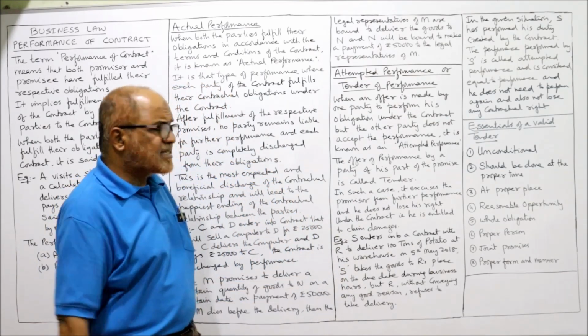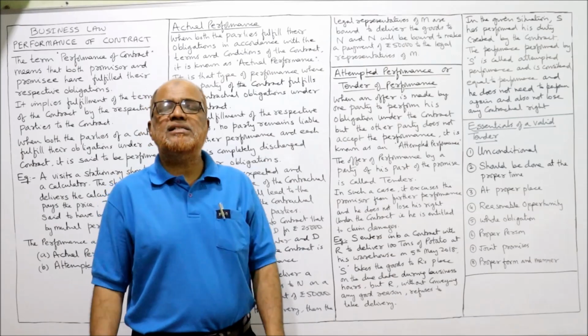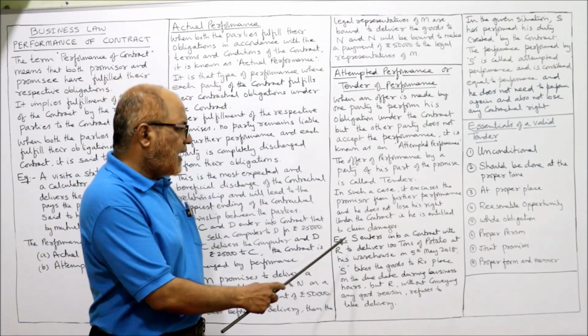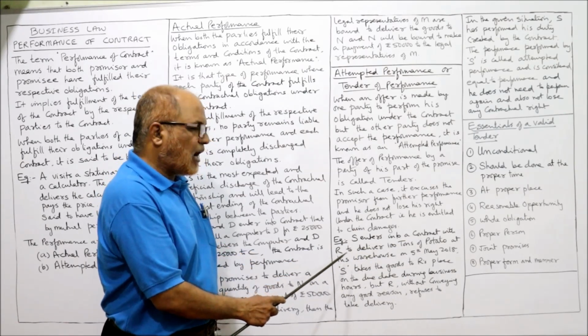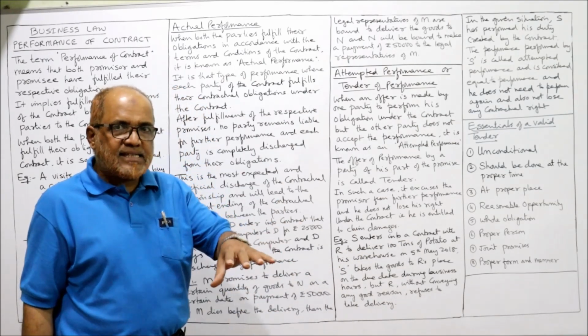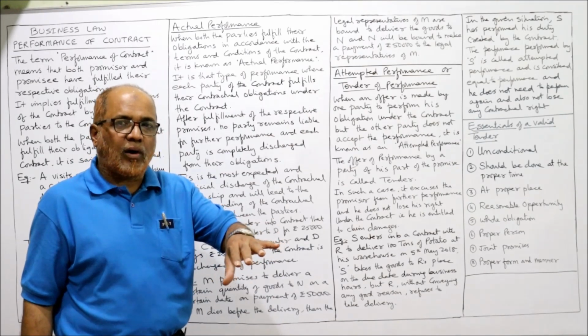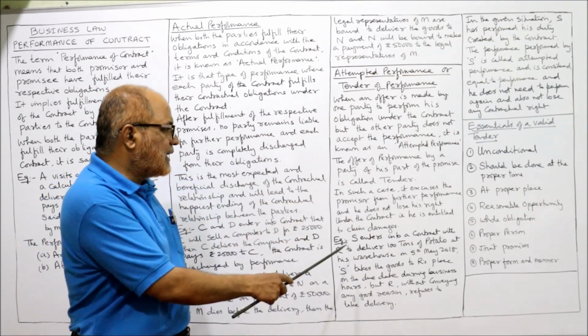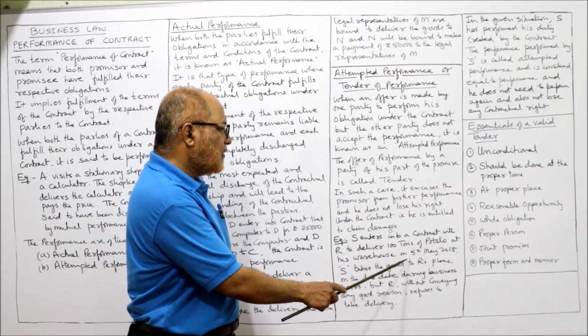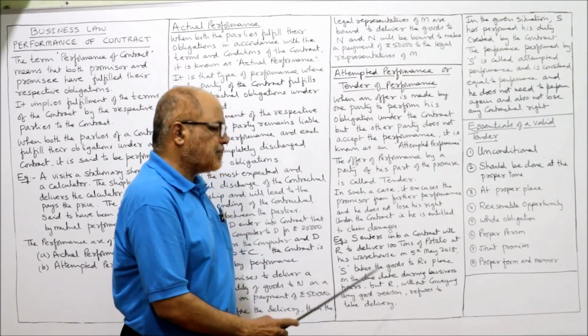Now, an example. With the help of a simple example, you can easily understand what is meant by attempted performance. S enters into a contract with R. Remember, S is one person, R is another person. S enters into a contract with R to deliver 100 tons of potatoes at his warehouse on 5th May 2018.